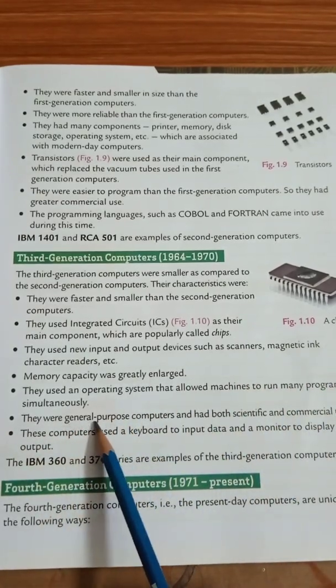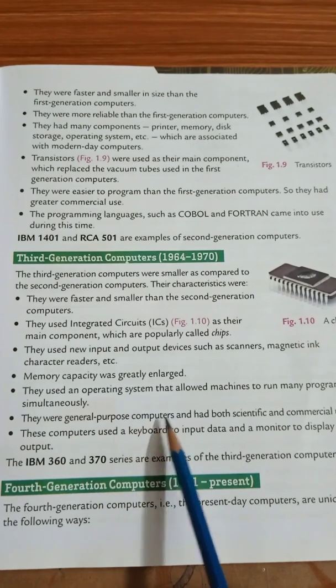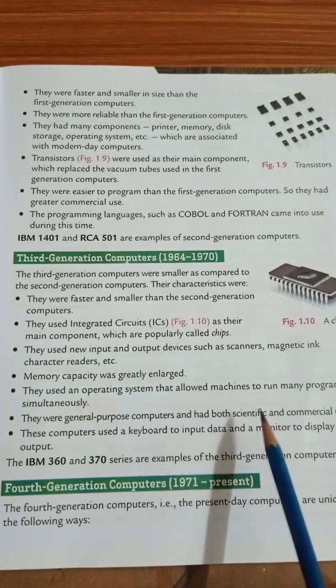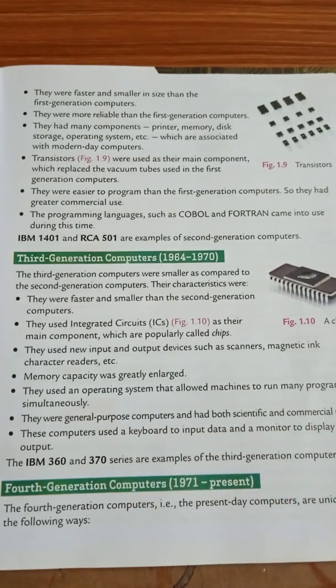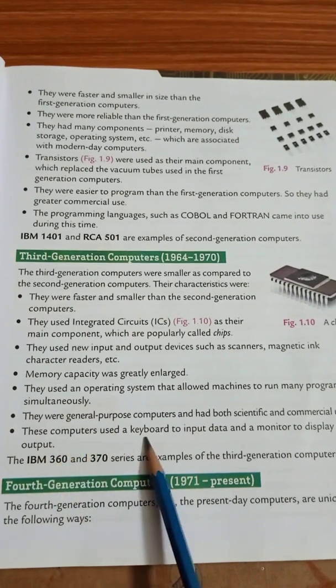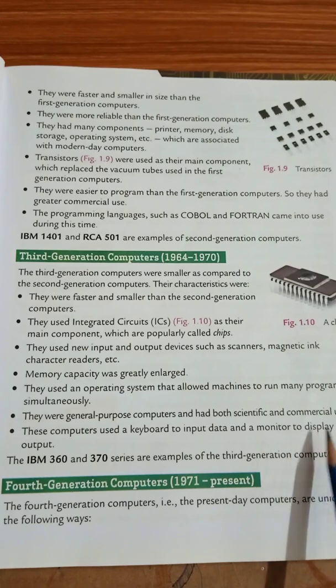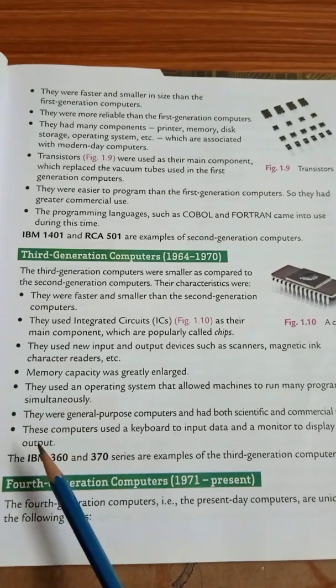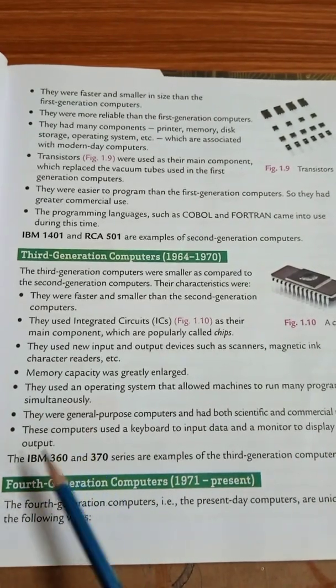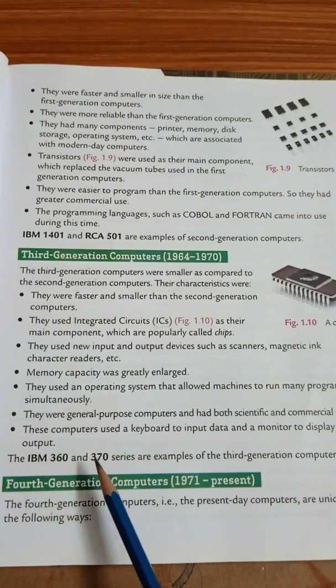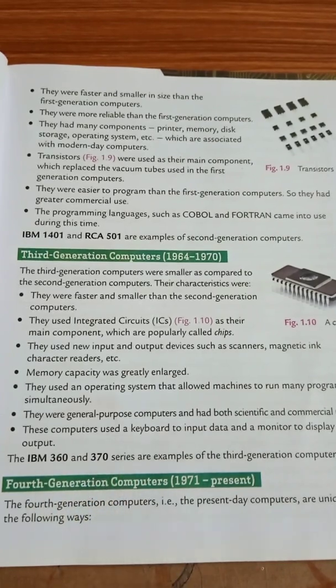They were general purpose computers and had both scientific and commercial use. These computers used a keyboard to input data and a monitor to display the output. Example of third generation computer is IBM 360 and 370 series.